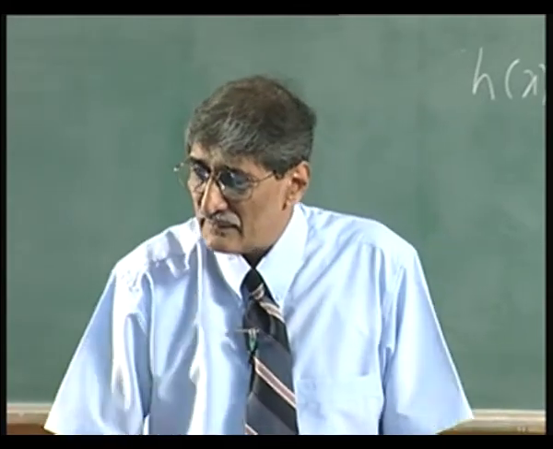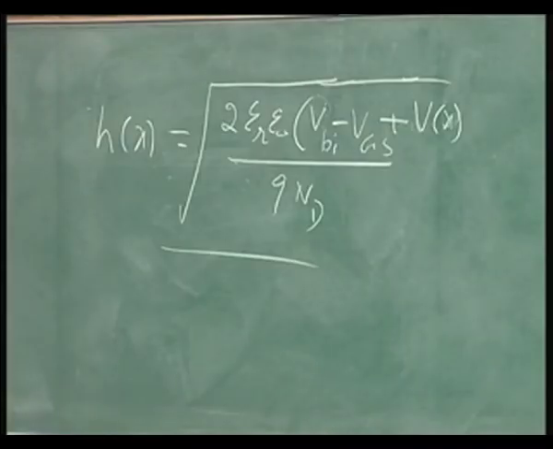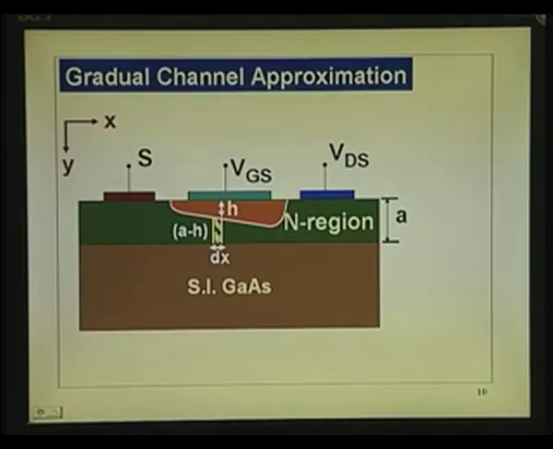Only difference now is you have got this channel thickness not constant right through, but it is falling. Now, when you write this equation, what is the meaning of that? The meaning is that the electric field here is totally in this direction.